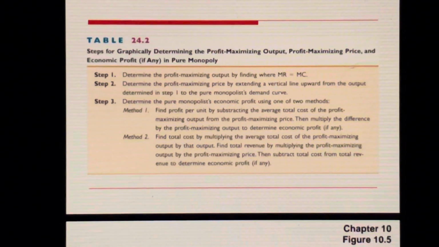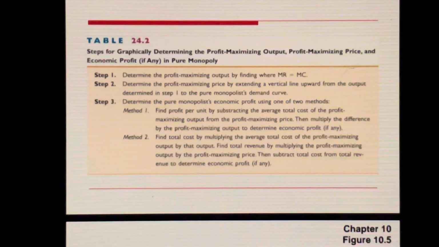First method, find profit per unit by subtracting the average total cost from the price. Method number two, find total cost by multiplying the average total cost of the profit-maximizing output by that output.